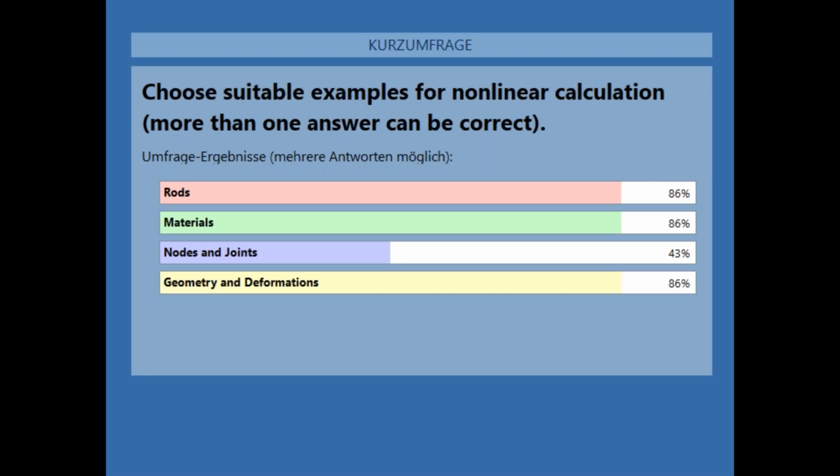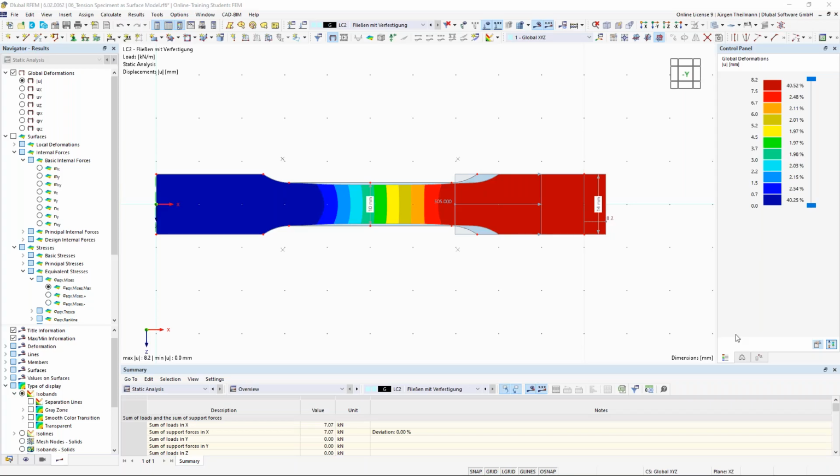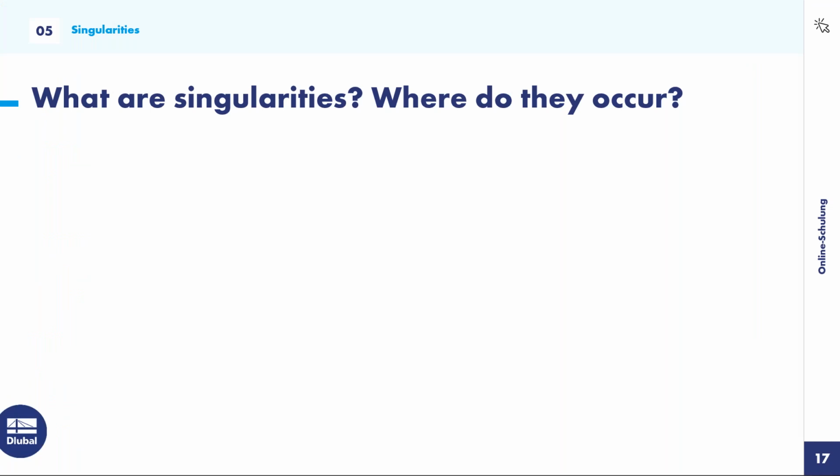The third one, nodes and joints. Yes, this is of course related to our nodal supports, which can be nonlinear as well. Good, so that's it for the moment in our examples.